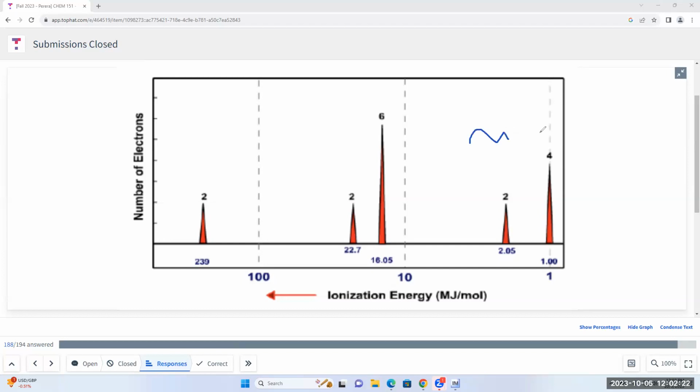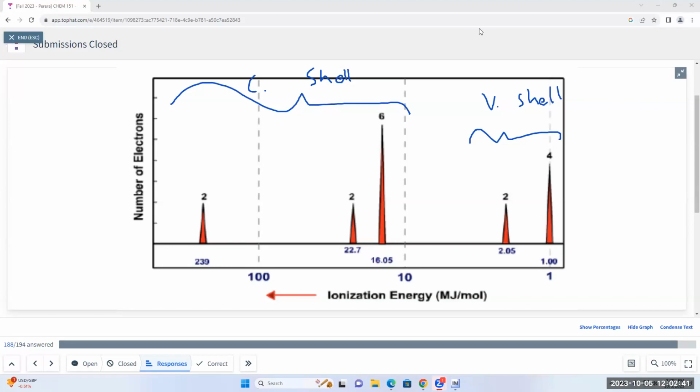So this is going to be this valence shell. It has 6 electrons. And then everything else is called the core shell. The core shell seems to have 10 electrons, which is the neon configuration.